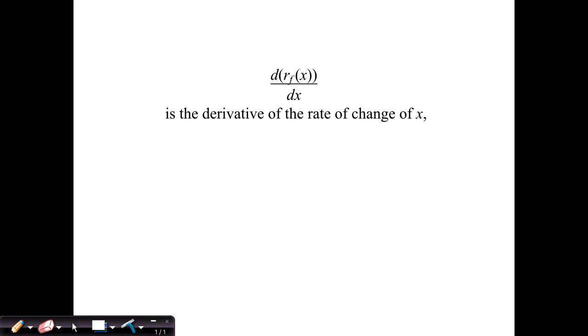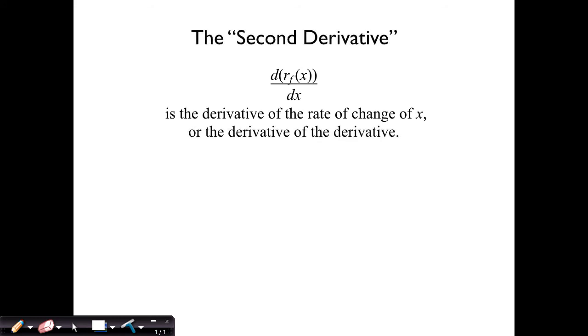And a derivative of a derivative is called the second derivative. So if you hear the word second derivative, it's just talking about the rate of change function, how that varies as x changes.